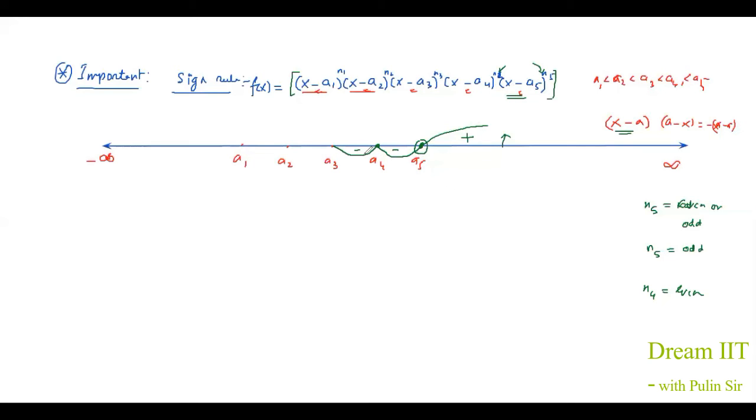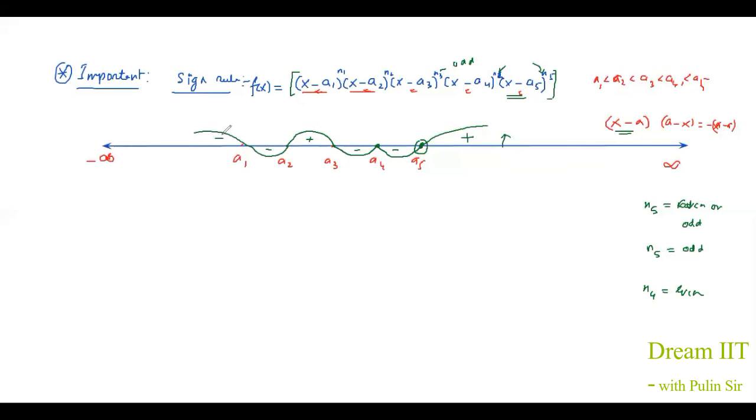Where you were just previously, that side only you have to continue. Then now you see a3. Suppose a3 has an odd power, then you will change the sign now. Earlier below, now you will come up, up to the next point. Remember it, up to the next point. And you just continue like this.